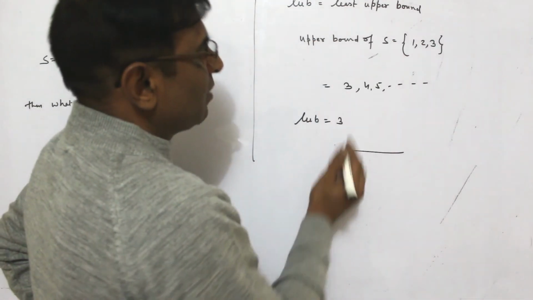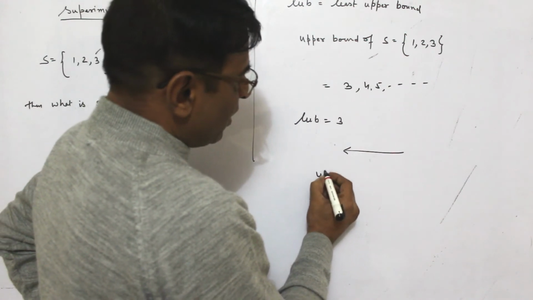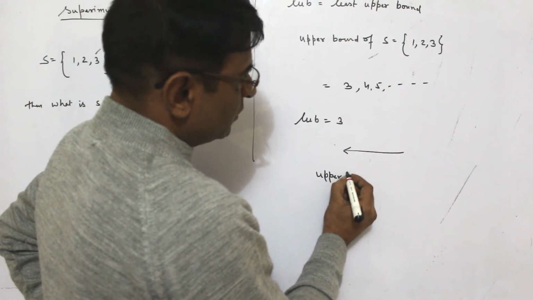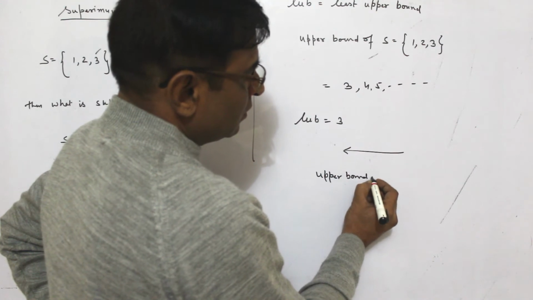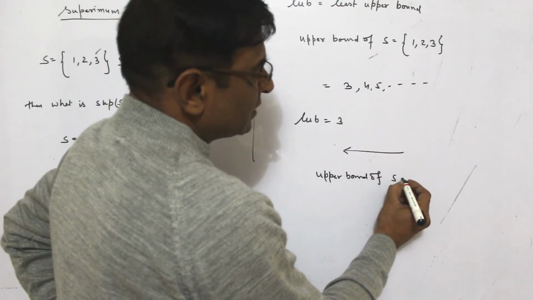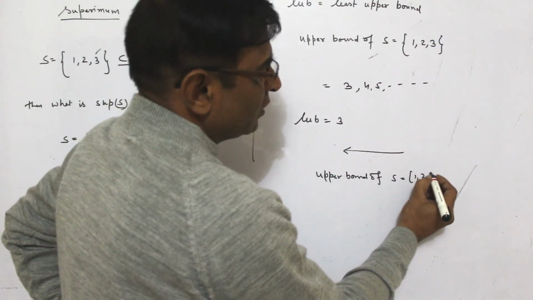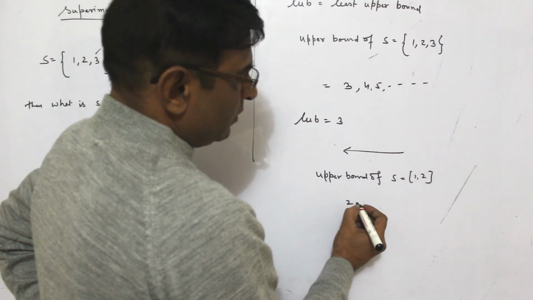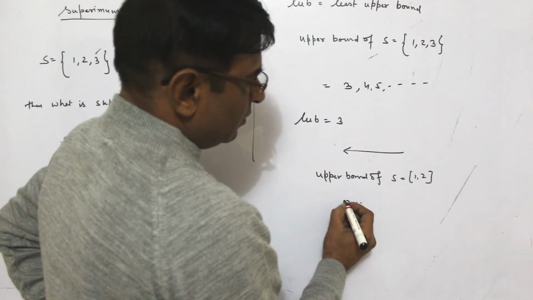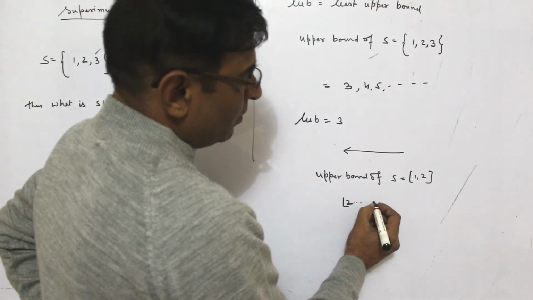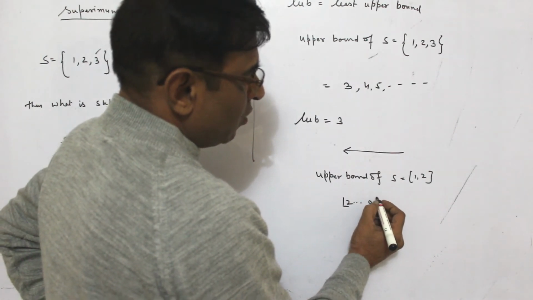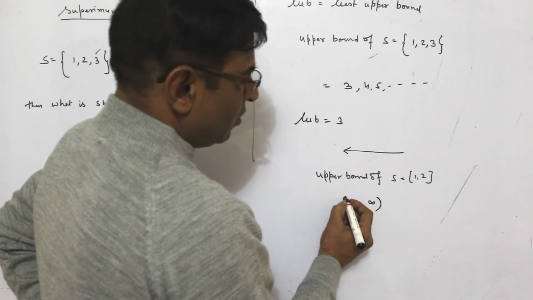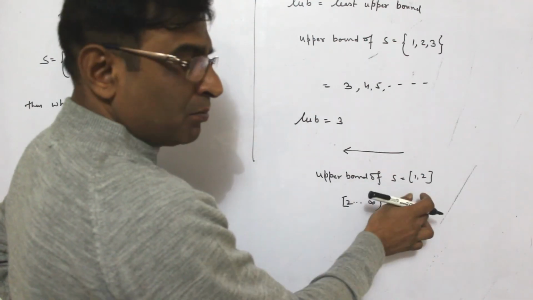First we check the upper bound. The upper bound of S is 2, including 2, up to infinity. All real numbers from 2 onward are upper bounds.